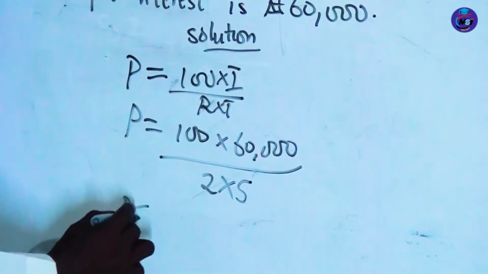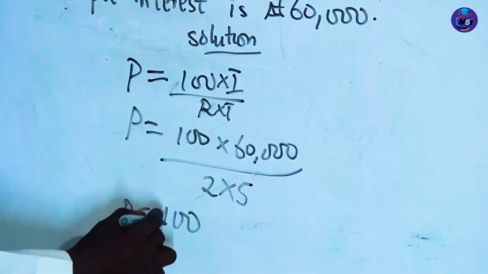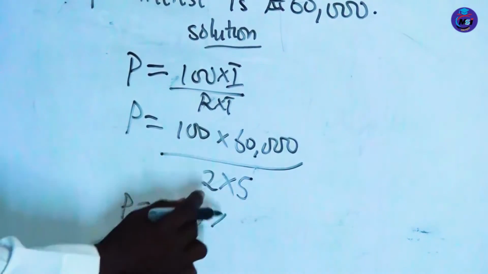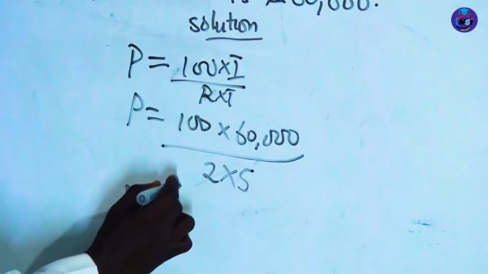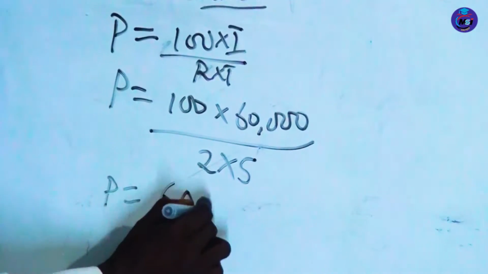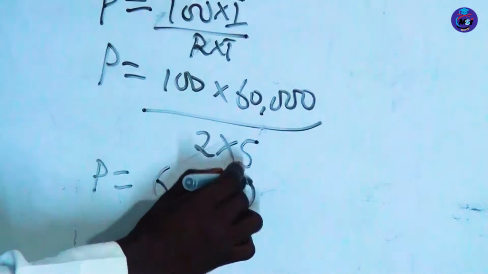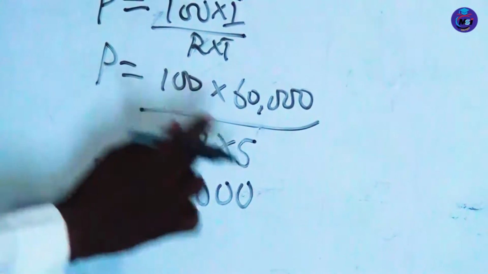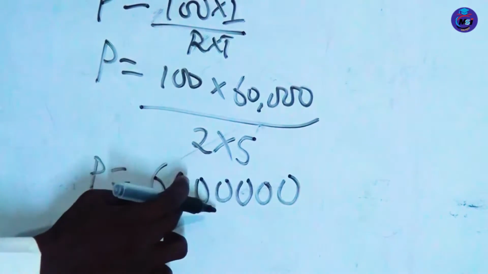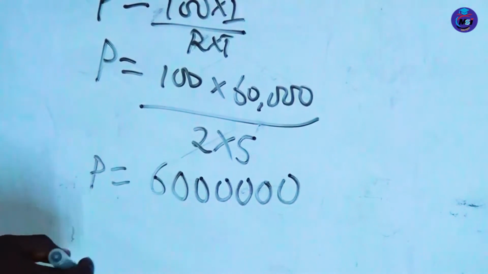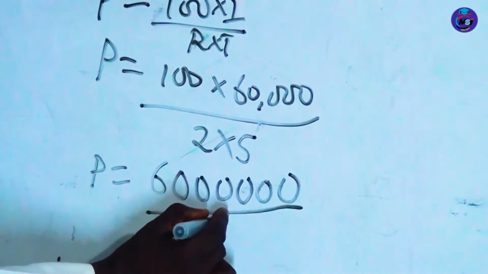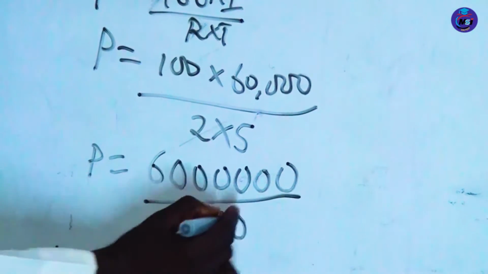So P is going to give us 100 multiplied by 60,000. 100 multiplied by 60,000 is going to give us 6 million, divided by 2 times 5, which is 10.